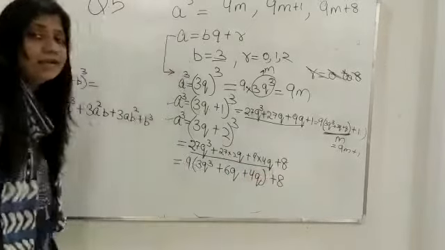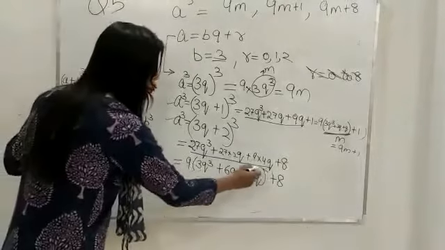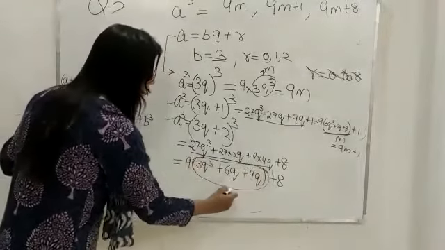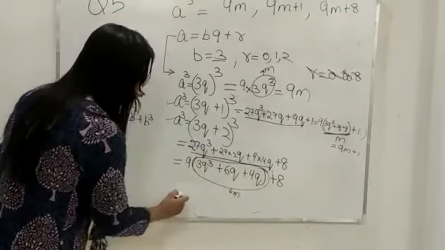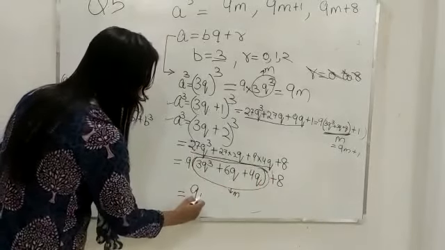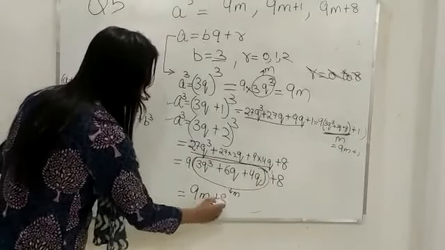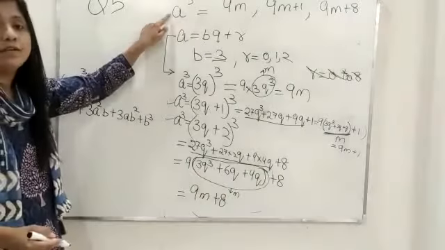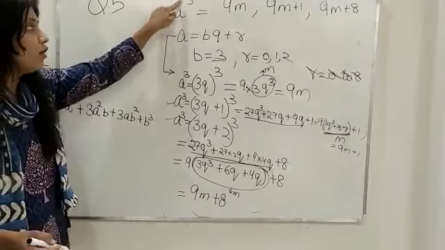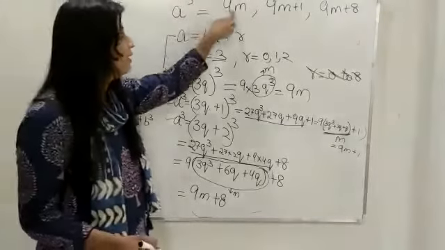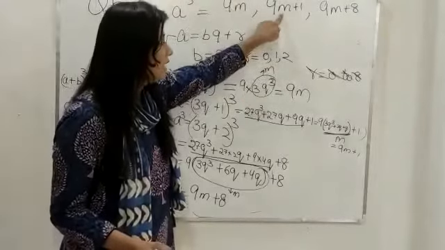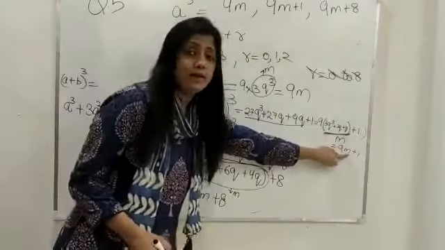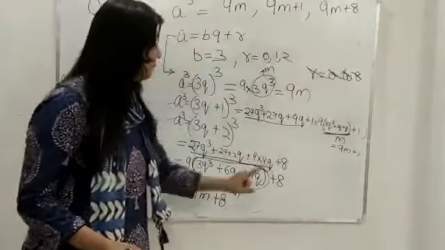And lastly, in the last step, you will assume this as m. Whatever is extra, you will assume it as m. So you will get 9m plus 8. So now we can say that for any positive integer, the cube of that integer will be either 9m, or it can be 9m plus 1, or it can be 9m plus 8.